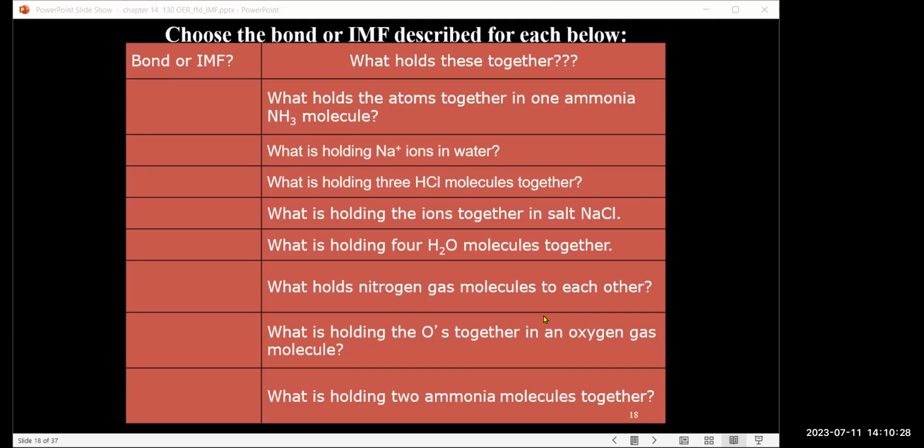What's holding those bonds together? Well, they are polar covalent bonds. They're covalent because they are two nonmetals bonded together, the nitrogen and the hydrogen. And they're polar because the electronegativity of nitrogen and hydrogen is different. So we have polar bonds.